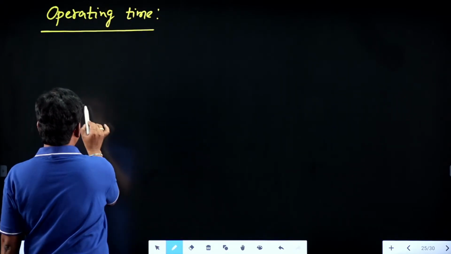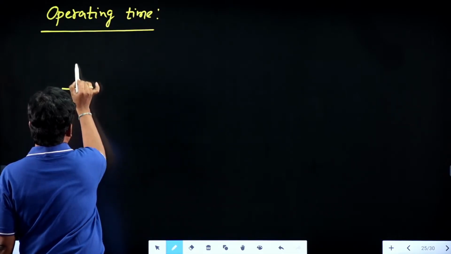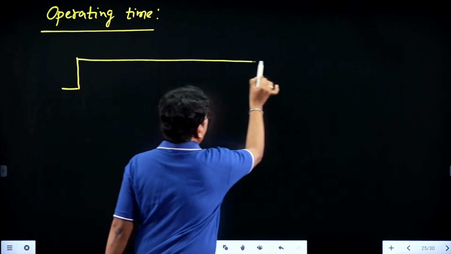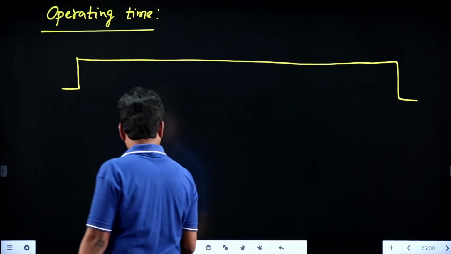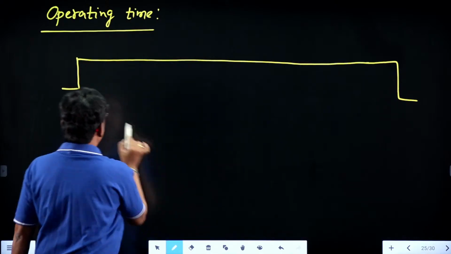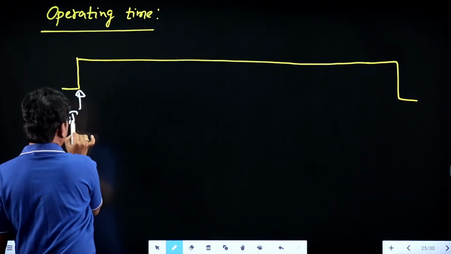The total operating time, suppose we are taking it like a pulse. Here we got the fault. This is the instant of fault.